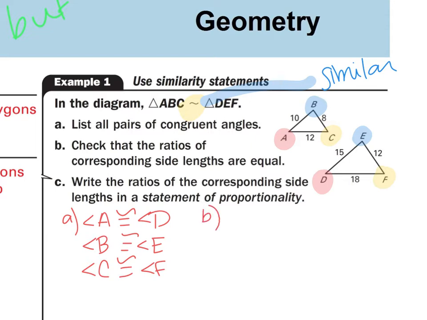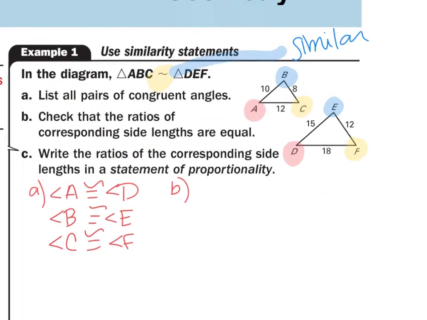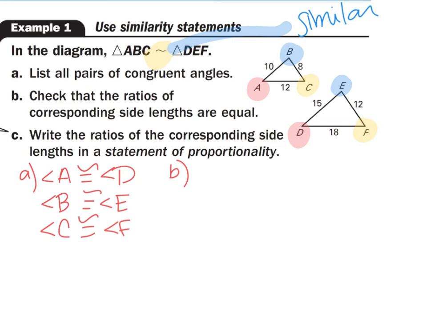And now part B, they want us to check the ratios of corresponding side lengths are equal. So let's talk about this. How many sides do they have? Each triangle has 3, so you're going to have 3 different proportions. We have a small triangle and a big triangle. It doesn't matter which one you put on top, but I always write small over the big sides.